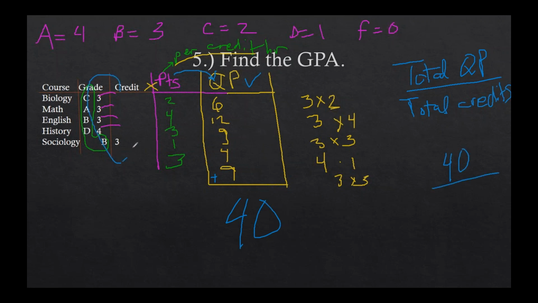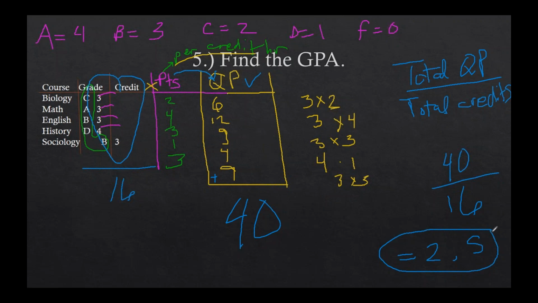So I go to my credit column. How many total credits did this person take? 16. So you earned 40 points, but it took you 16 credits to get there. So that's a GPA of approximately 2.5.